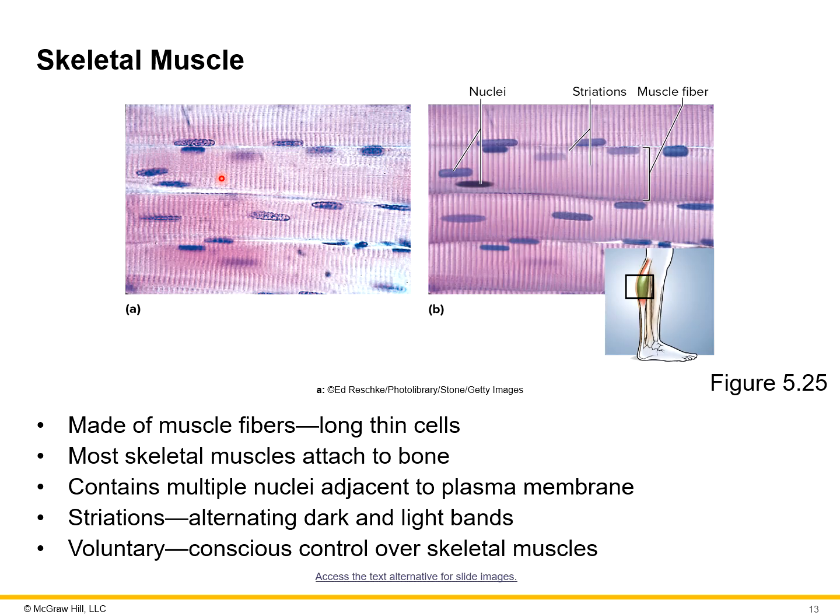And then you can see the striations, the stripes that are alternating dark bands and light bands, caused by proteins called actin and myosin. Don't need to know that part yet. And these muscle fibers are going to connect skeletal muscle to bone or even the skin.